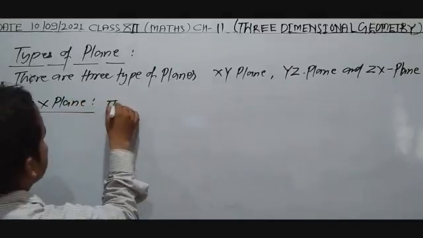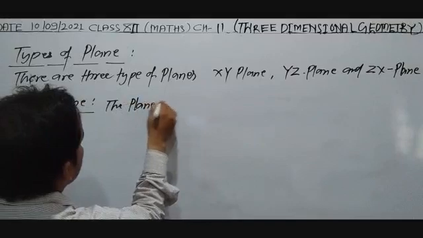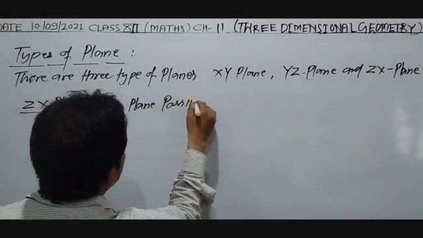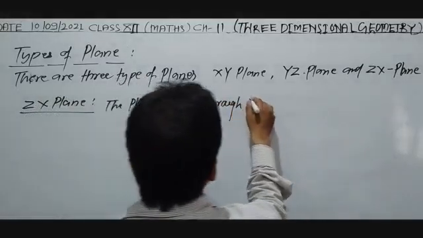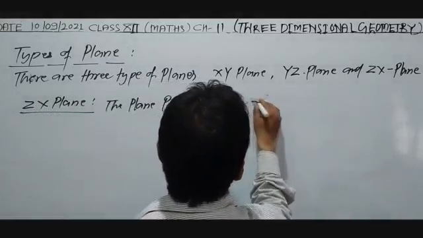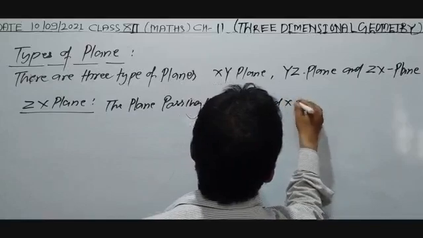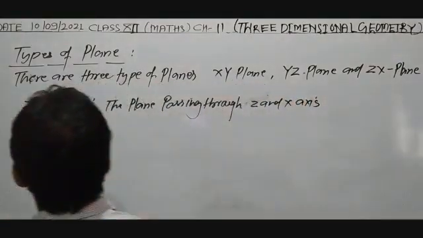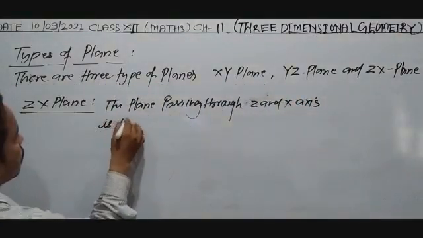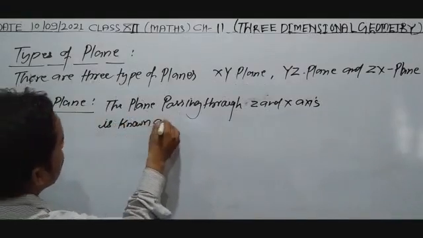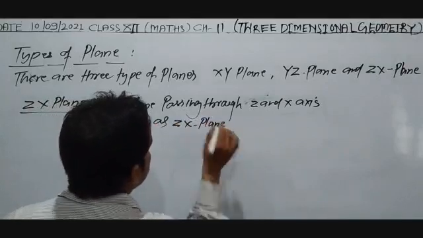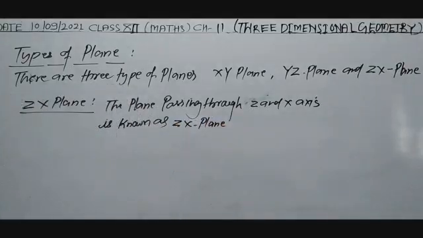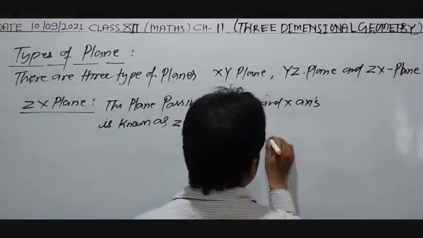The plane passing through the Z and X axes is known as the ZX plane. So the ZX plane is parallel to the board.